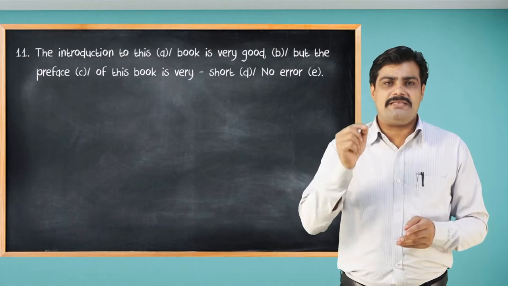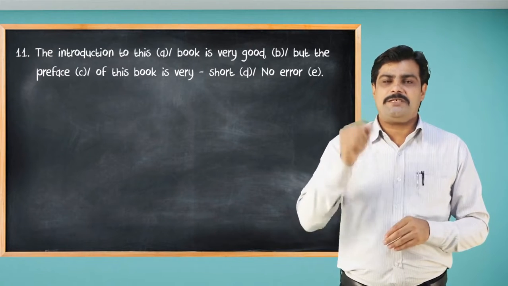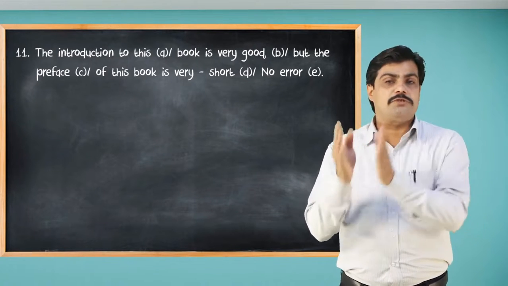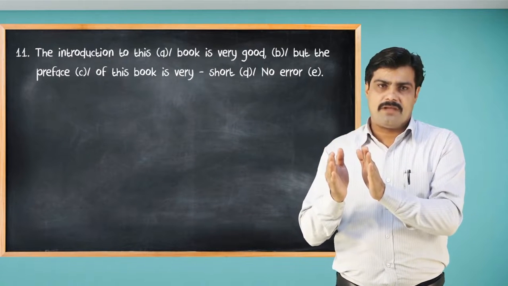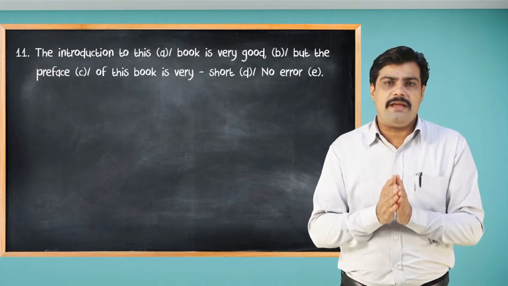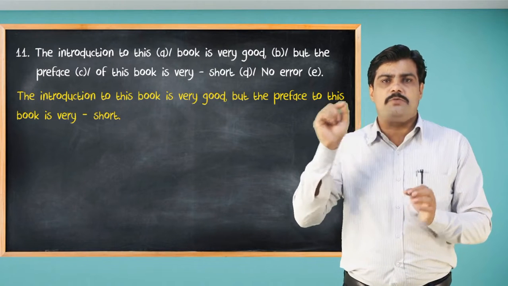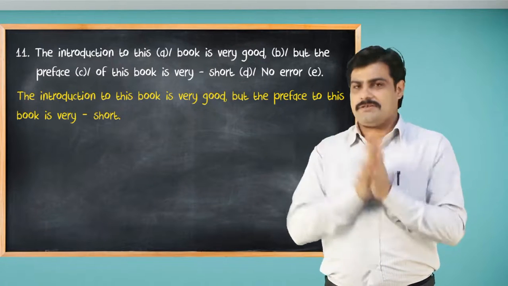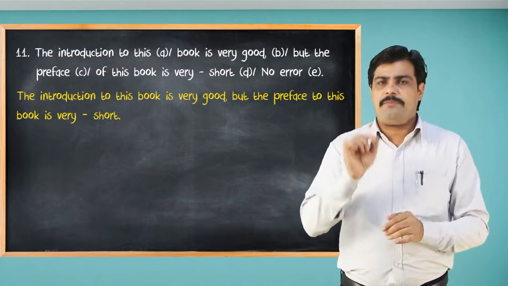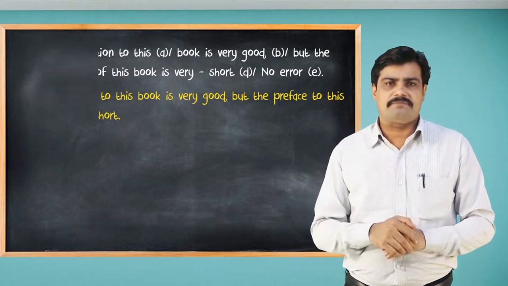So the mistake is in part D. Erase the preposition "of" and use "to", because according to the sense, "to" is correct here. Now the correct sentence would be, the introduction to this book is very good, but the preface to this book is very short. So in both the parts, the preposition "to" is right.